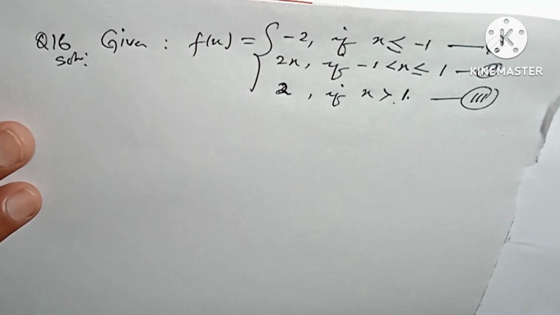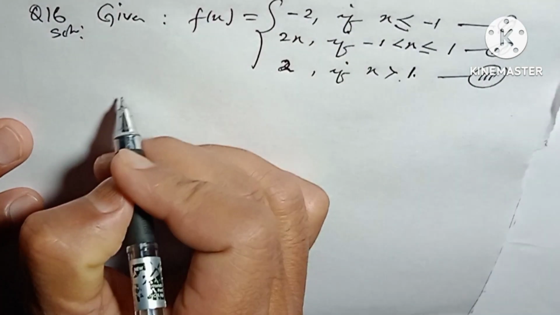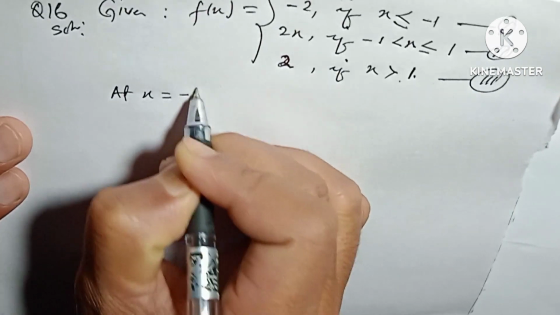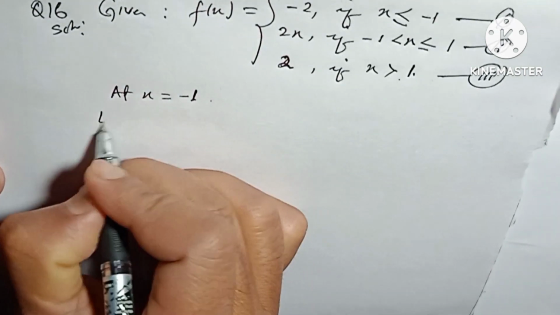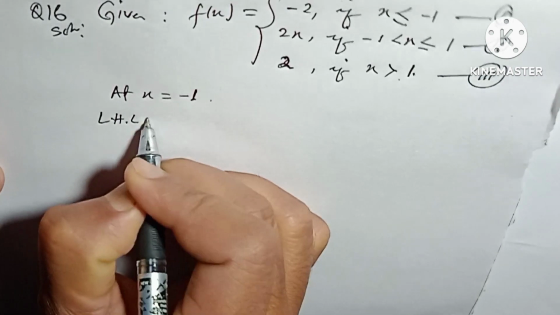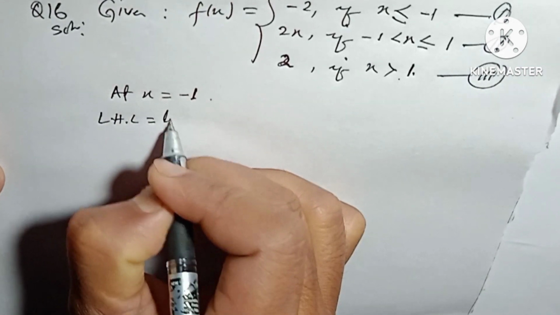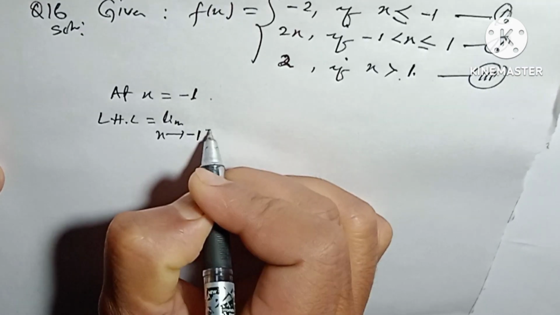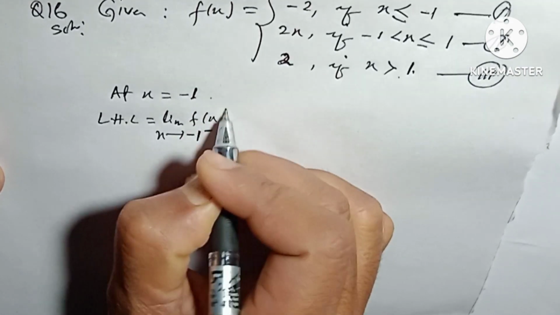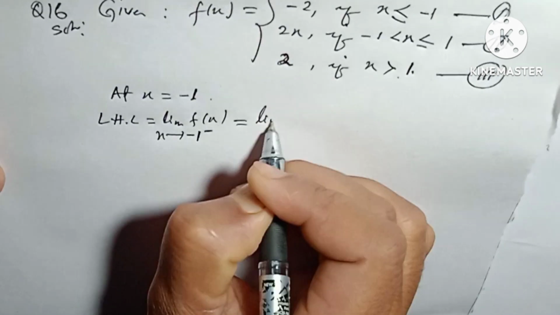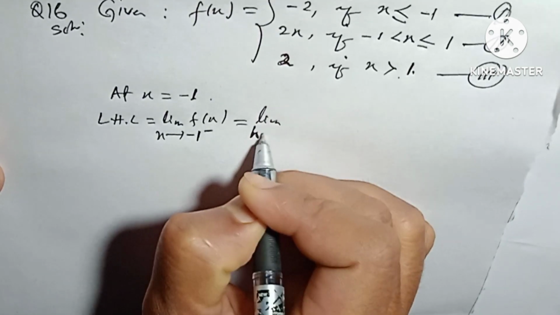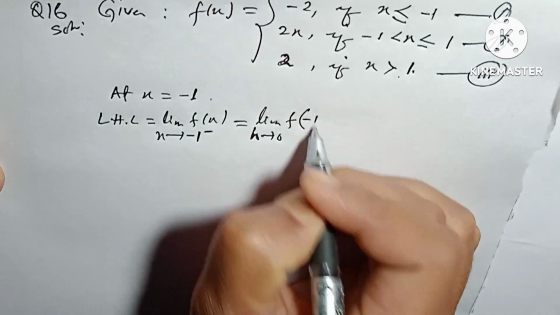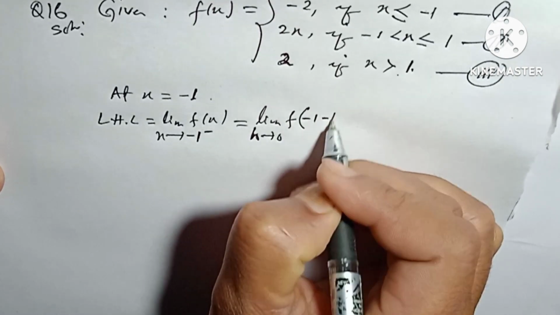Let's first check continuity at x equal to minus 1. Left hand limit is given by limit as x approaches minus 1 from the left side of f(x), which equals limit as h approaches 0 of f(minus 1 minus h), approaching from the left side of minus 1.